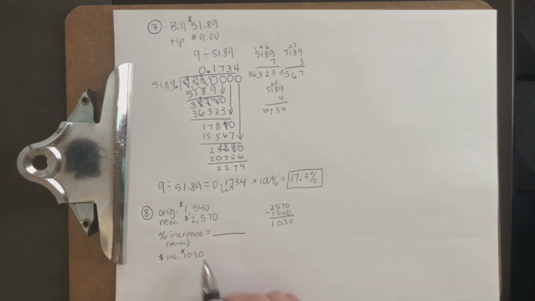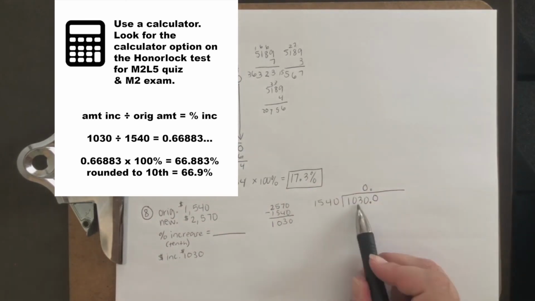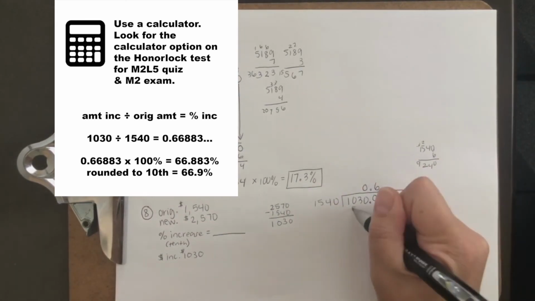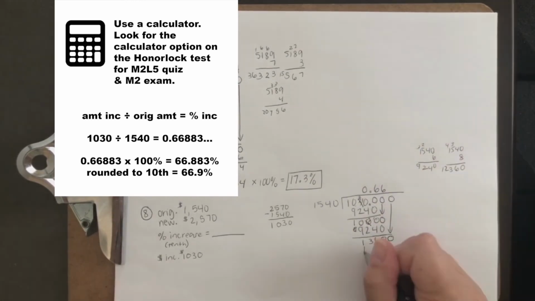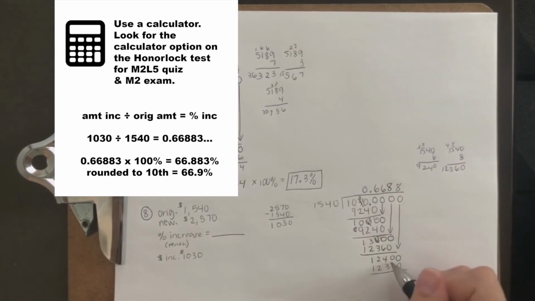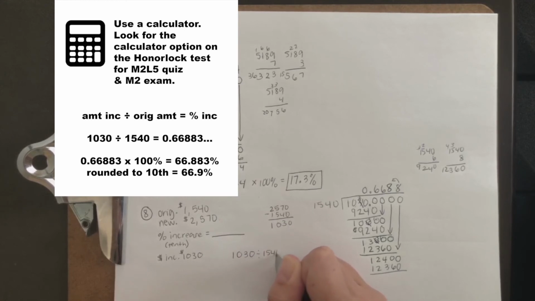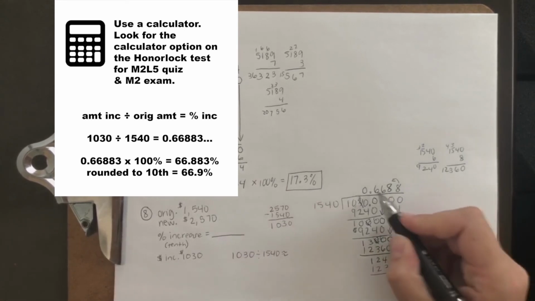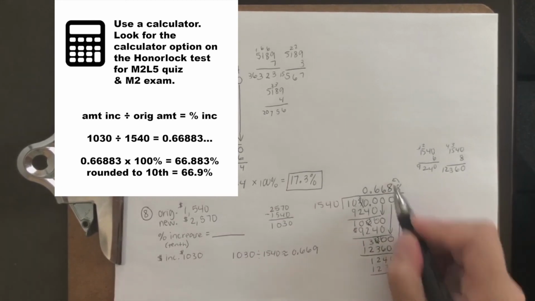So 1,030 divided by 1,540 is about 0.669, because that rounds up.